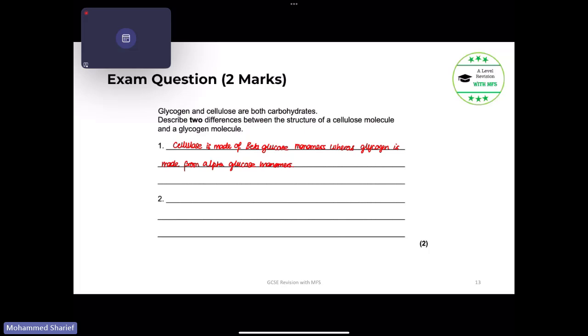Okay, now what other difference do they have? Well, it says between the structure of a cellulose molecule. So we know that glycogen is a branched structure, whereas cellulose has a straight structure. Okay, and that's what I'm going to write as my second difference.